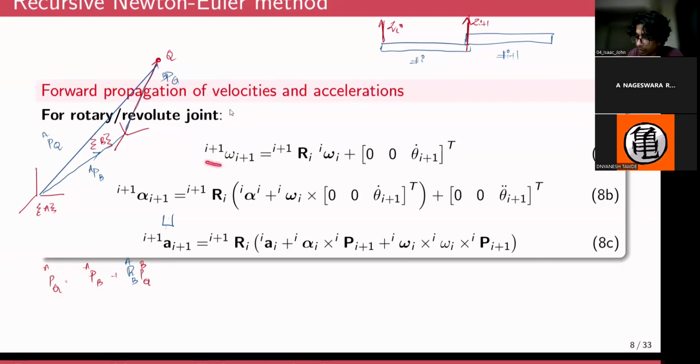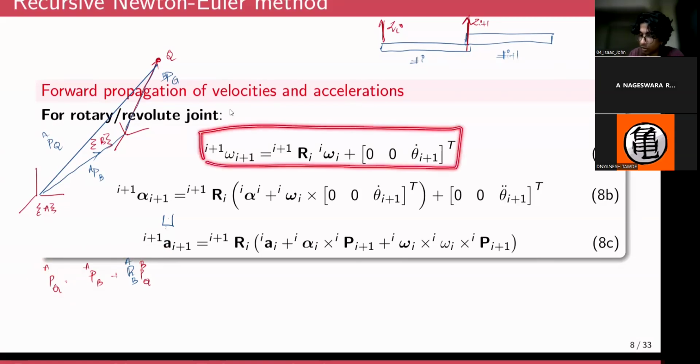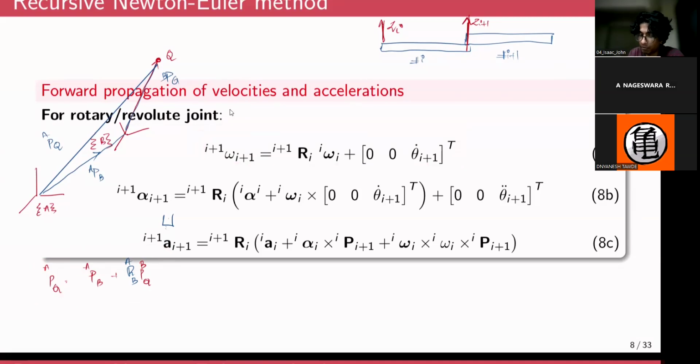Right? In a similar manner, we can also write this vector equation where, if you want to consider the angular velocity of this new link, omega I plus 1, that would be nothing but the angular velocity of the previous link, omega I, plus the contribution by the rotary joint, right?